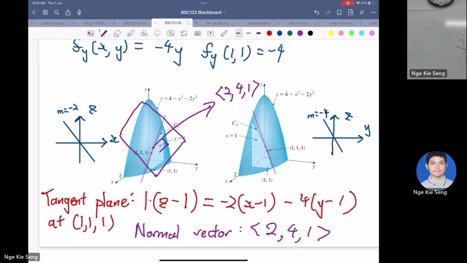Okay. So there's a use for this tangent plane because on the surface, you're not only walking straight or sideways, you can walk different ways. When you walk a different way, you will have a different tangent vector, a different direction.